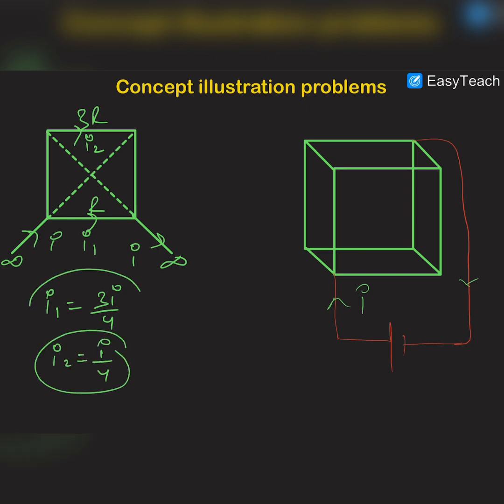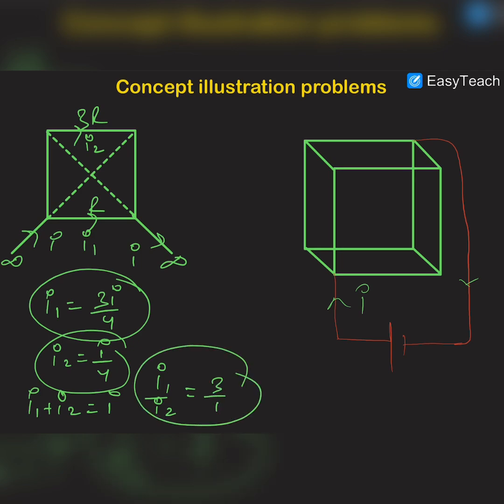This can be found by the current division rule: I1 plus I2 is equal to I, and I1 by I2 will be divided in the inverse ratio of resistance, 3:1.